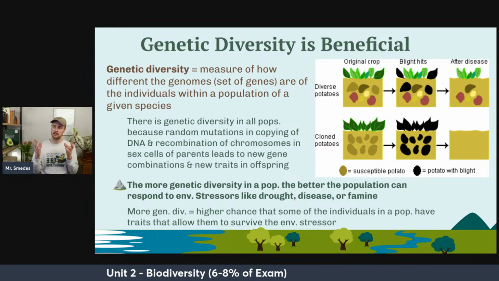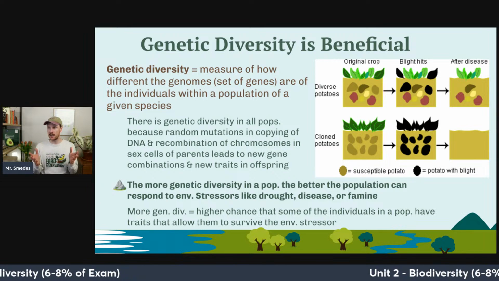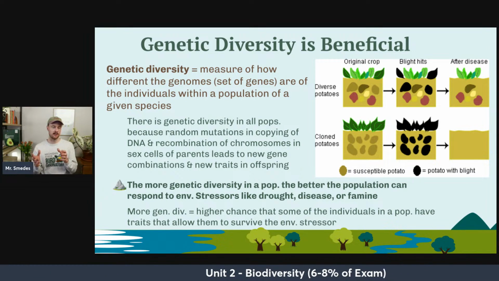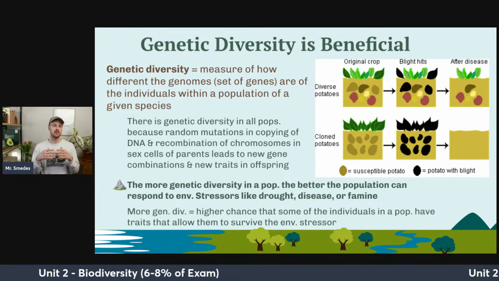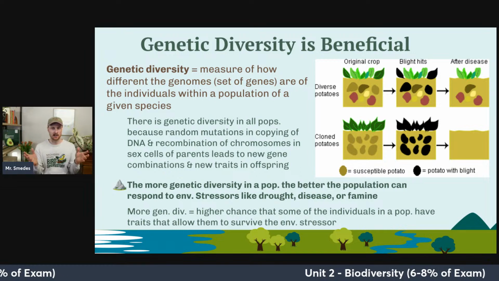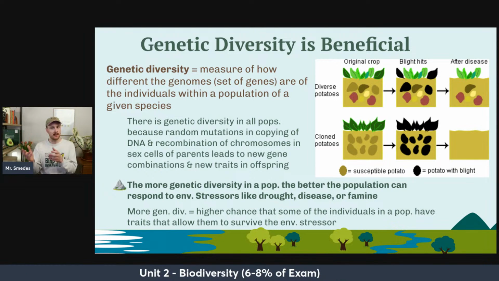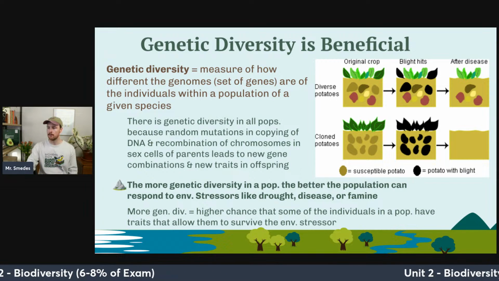And we have some potatoes that are going to be susceptible to blight, and they're going to die off. So if you have cloned potatoes or a GMO strain that's all exactly the same, versus super diverse potatoes from slightly different genetic strains with different genes, you're going to have some that survive the blight. And that's, in a nutshell, why genetic diversity is so helpful.